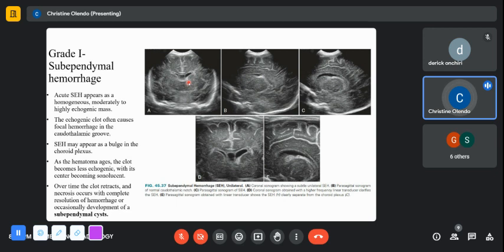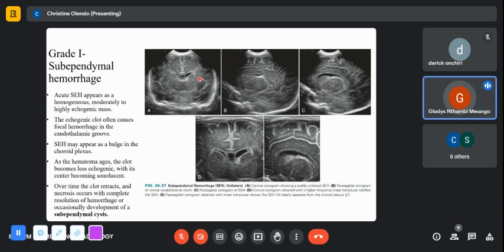Yes, it's subependymal, just like what you've said. So it's not within the left ventricle; it's still subependymal. Though there's some mild prominence of the left ventricle, they're usually not symmetrical. Usually, the left one tends to be larger.